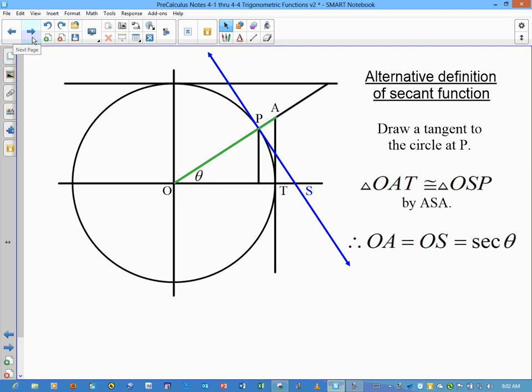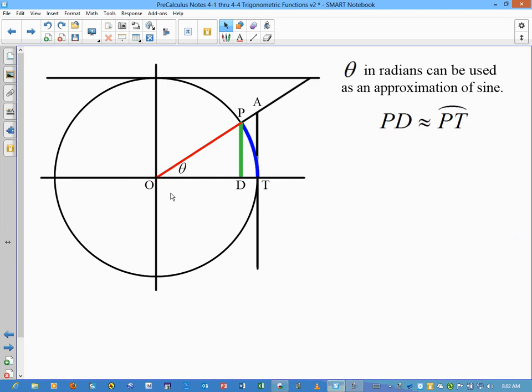And the final thing I wanted to show you, again, these are optional topics, is the fact that if theta is very small, then it can be used as an approximation of sine. In other words, sine was this segment PD, and theta was this arc length.